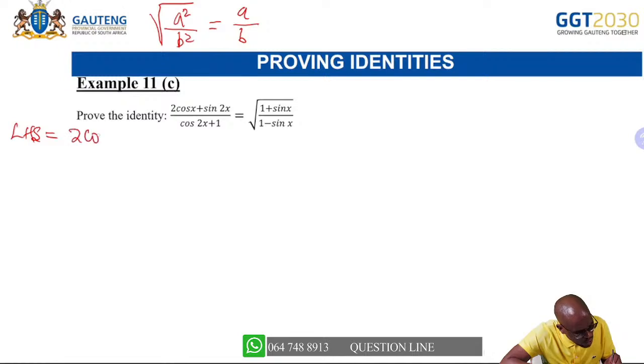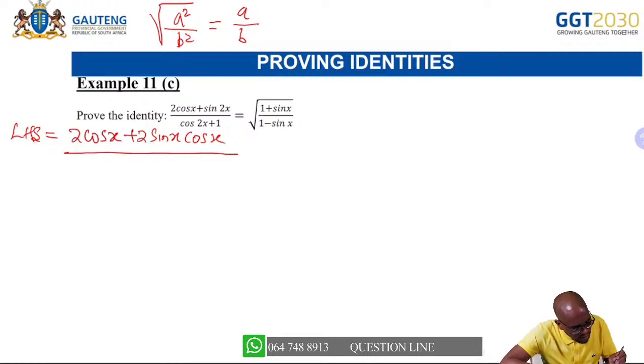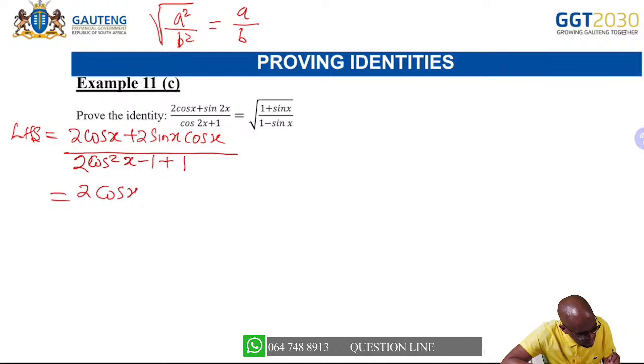So this is 2 cos of x plus 2 sin x cos x over, now I'm having this one, I can simply change this one to cos squared of x minus 1 plus 1. 2 cos squared of x minus 1 plus 1. So this would be 2 cosine of x as a common factor. I can take out 2 cosine of x as a common factor here.